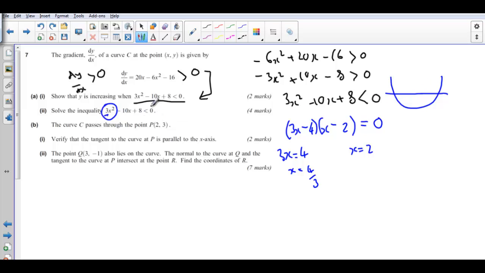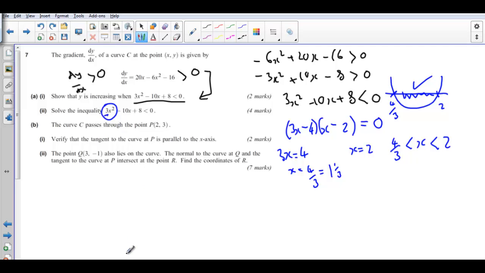It crosses the x-axis at 4/3, that's 1 1/3, and at 2. We want less than 0, so we want this bit in here. Give it a tick. So we need x to be between, not equal to, but actually between 4/3 and 2.